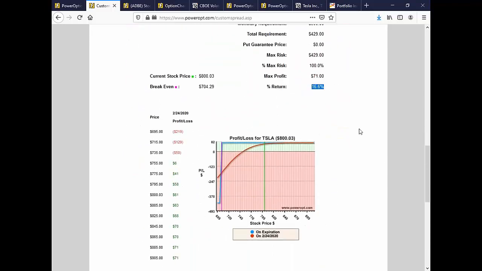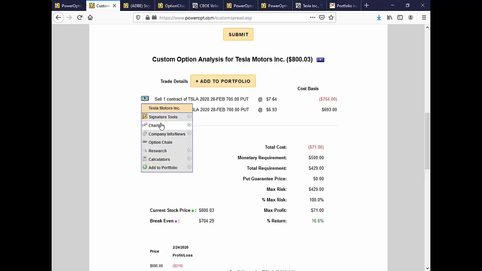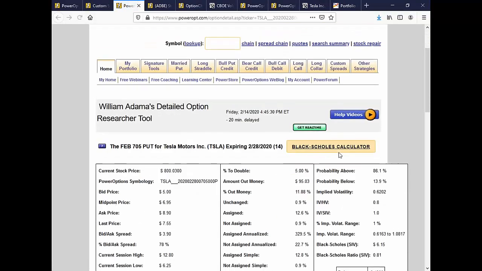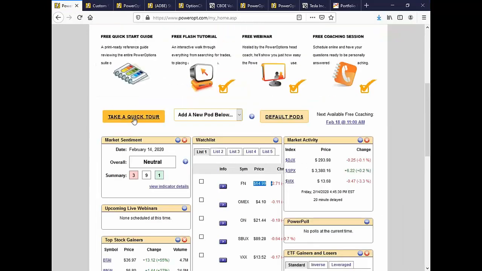Okay. So again, I don't even think I'm getting the 71 cent premium. It's a 16.6% return for a 14-day trade. Definitely in my wheelhouse, meaning I usually look for a target around 12 to 15%. That's okay. What's the probability above my short put? Okay, I'm sorry. Going to go to research, option research. 86.1, right above my 85% rule that I look for in my screen.